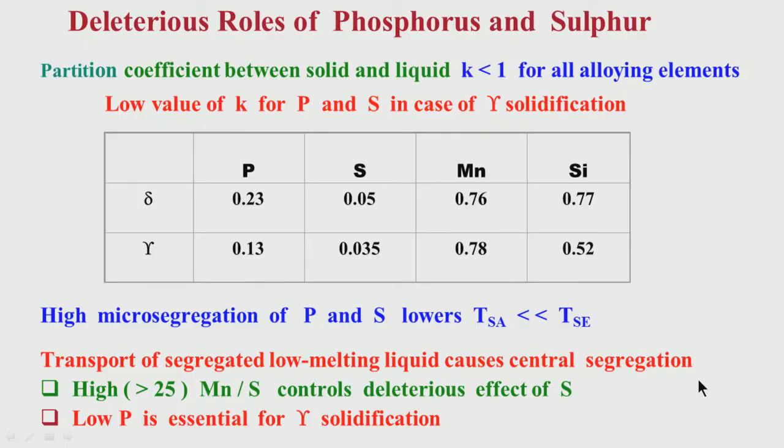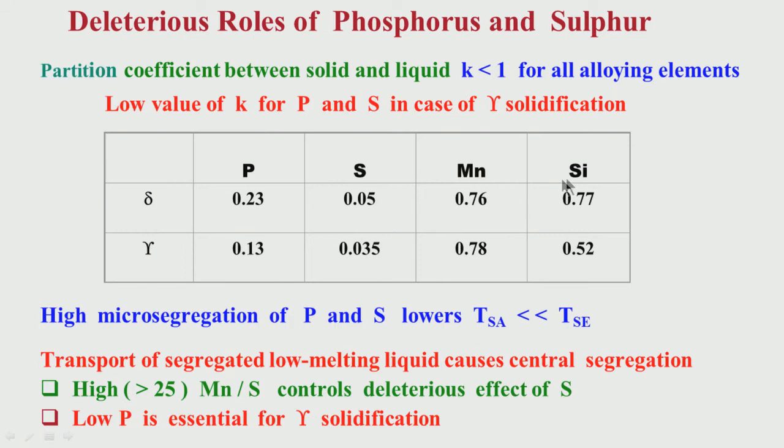Now, as I was telling you, the partition coefficient between solid and liquid, that means this K value, is less than 1 for all alloying elements, but it is a question of how low K is. Now, look at the K values for 4 common alloying elements.